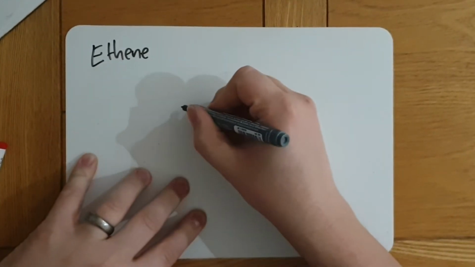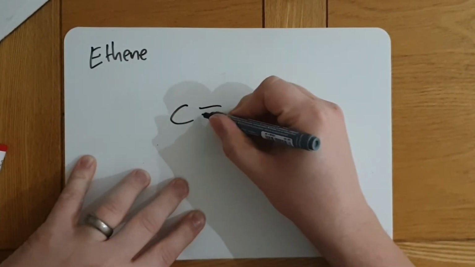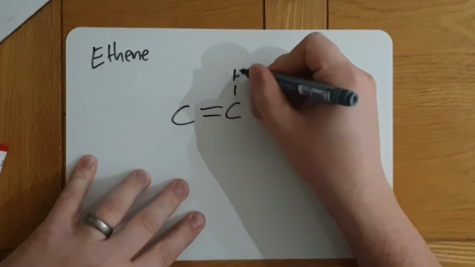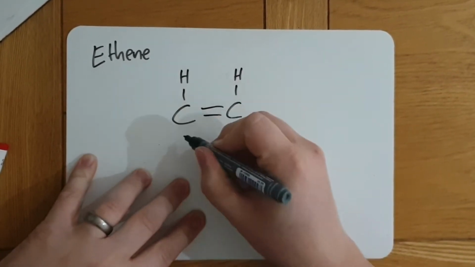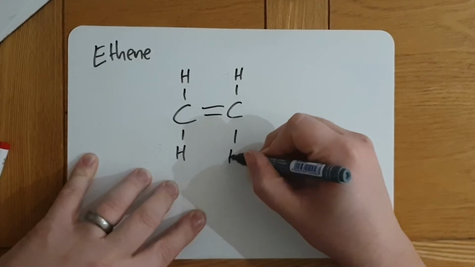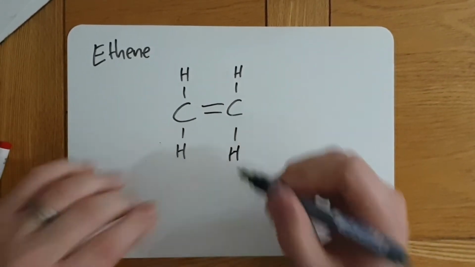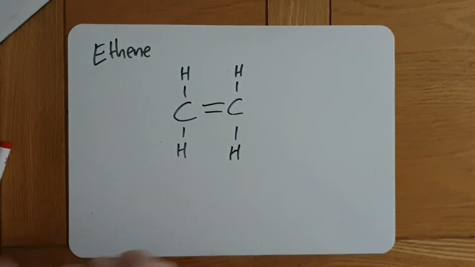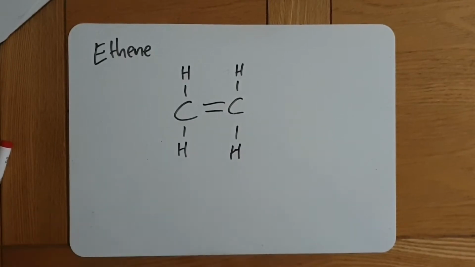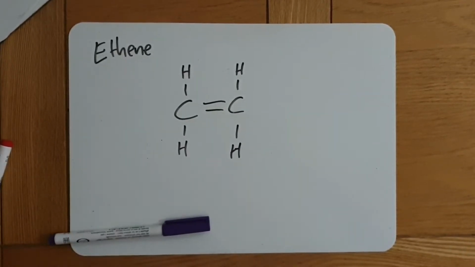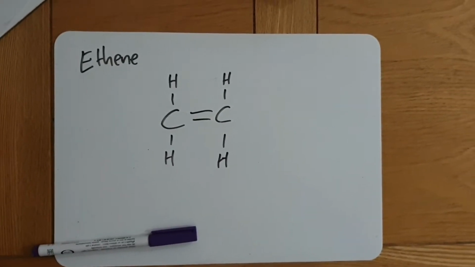Ethene. So ethene, we've got 2 carbons with a double bond. Right, we've got hydrogen and hydrogen, hydrogen and hydrogen. That is our monomer for this one. I'm going to draw a couple more so that you can see. I'm not going to draw thousands because the video would be hours long and nobody would watch it.